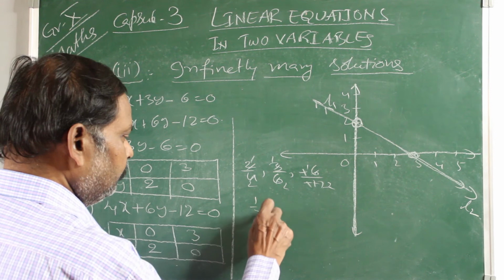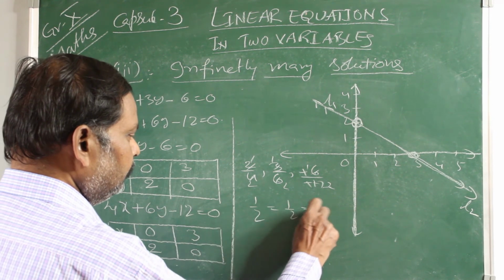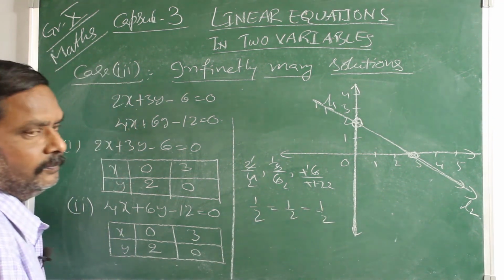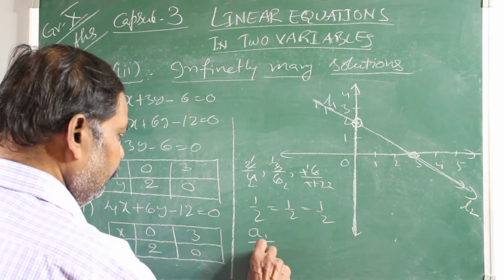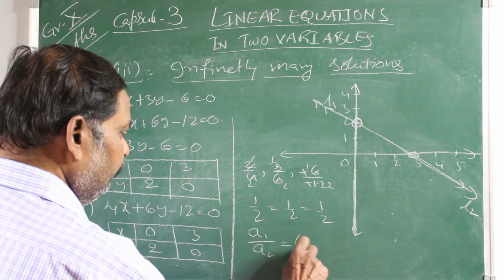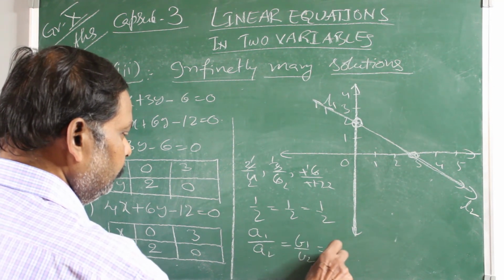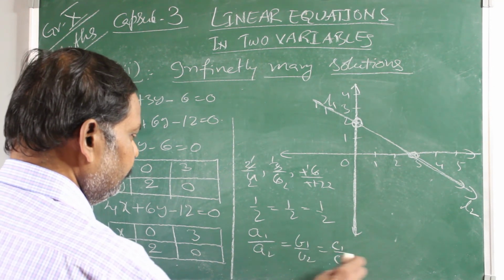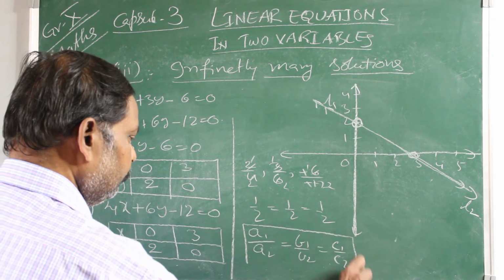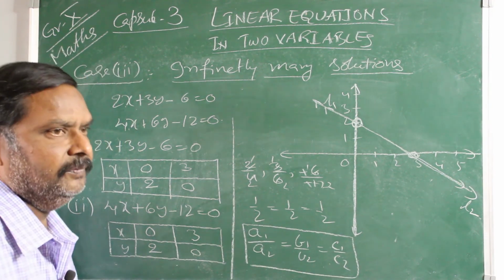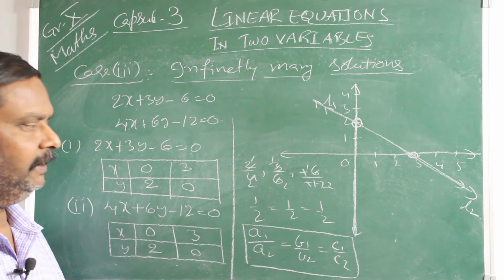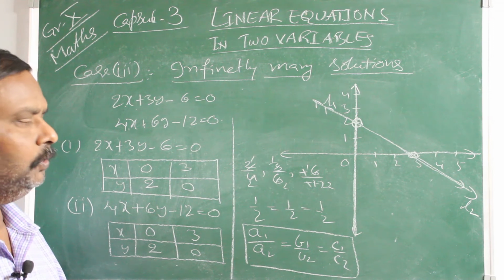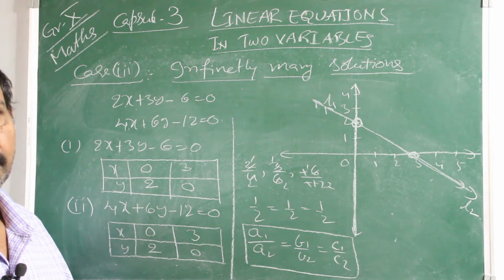So it is 1 by 2 which is equal to 1 by 2 which is equal to 1 by 2. So if A1 by A2 is equal to B1 by B2 equal to C1 by C2, then the two lines coincide with each other and the solutions are infinitely many.